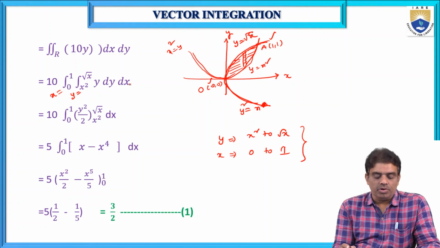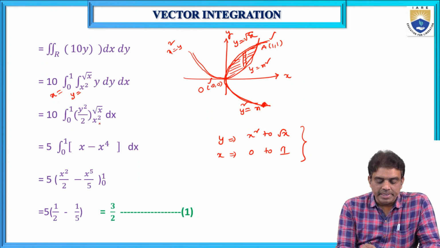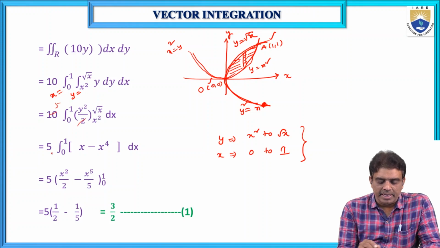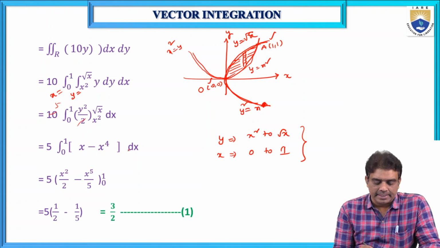So on integrating, what we will get? Y means y square by 2 integration, limits x square lower limit, upper limit root x, dx. So on substituting the upper limit, root x whole square, that is x by 2, 2 fives are 10, 5 will come outside, 0 to 1. Root x whole square is x, minus x square whole square, x power 4, dx.